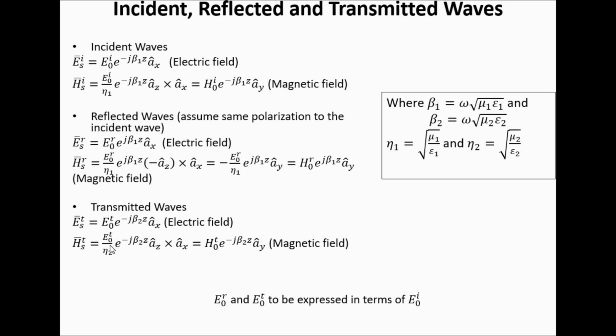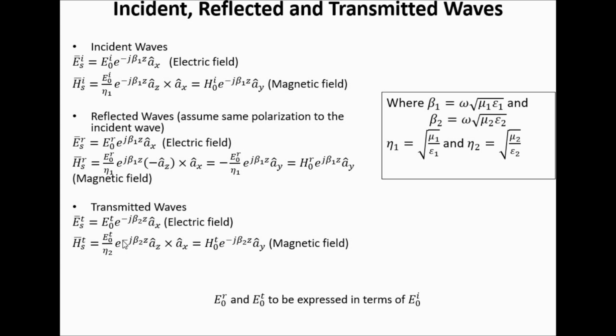So here you see I use eta 2 for the transmitted wave, and for the reflected wave I use eta 1, because the incident and reflected waves are in medium 1, but the transmitted one will be in medium 2. So for transmitted waves, be careful about the suffix 2.